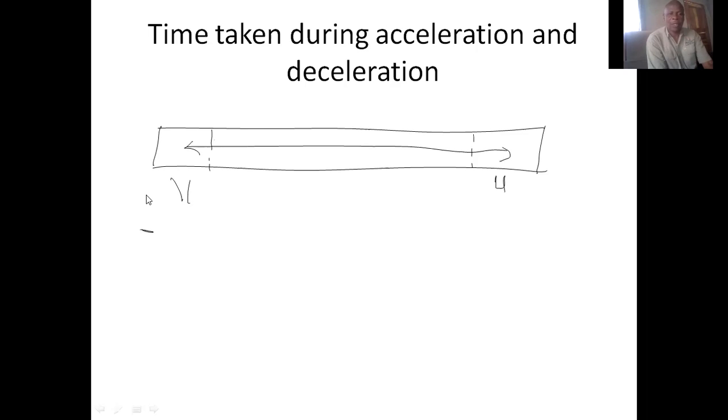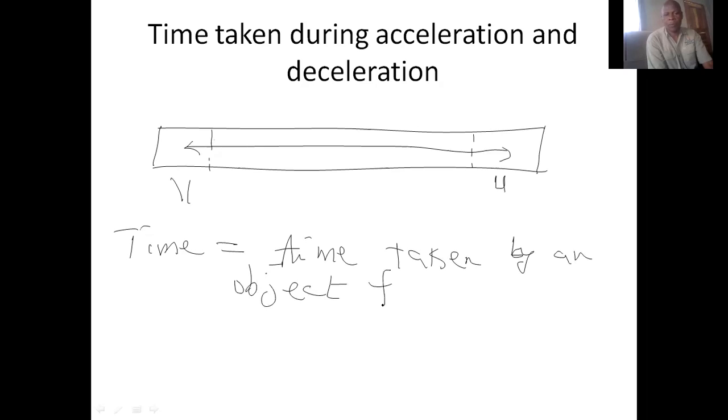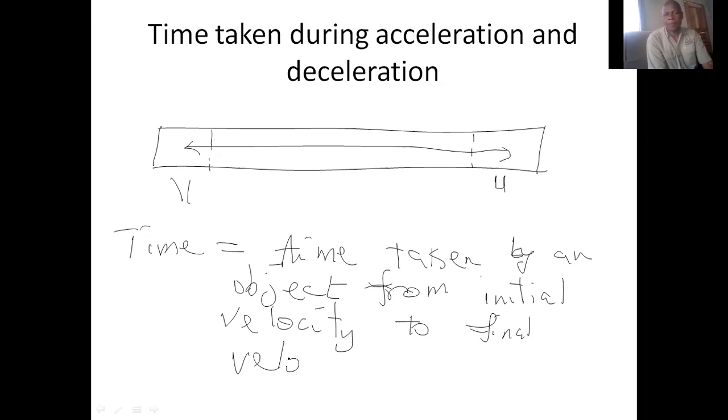In other words, when you are calculating time, it is the time taken by an object from the initial velocity to the final velocity, where the final velocity is represented by V and the initial velocity is represented by U. So that is the time taken by the ticker tape timer.